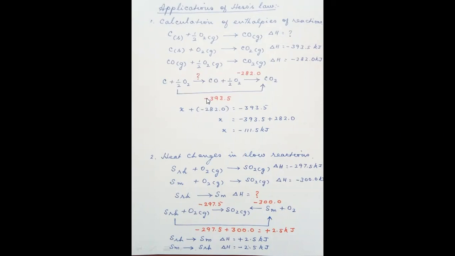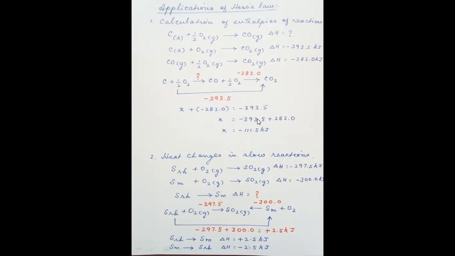According to Hess's law of heat summation, whether the process takes place in a single step or in several steps, the total enthalpy change will be the same. So if I assume this to be x, plus minus 282 will be equal to minus 393.5.